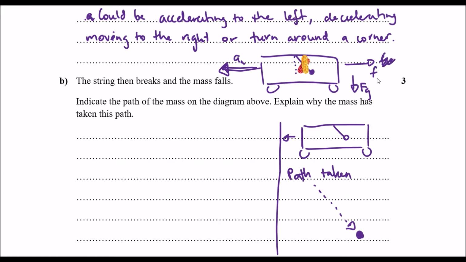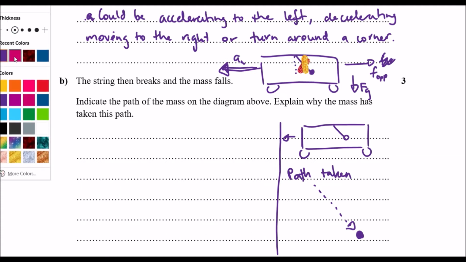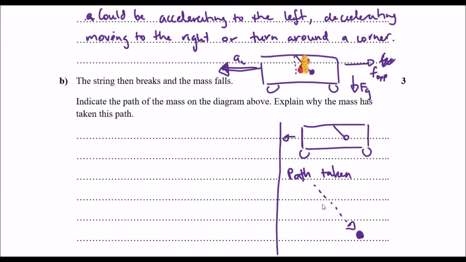So we have two forms of acceleration: one due to gravity, and one from the tension of the string that was originally opposing the direction of that forward left motion.